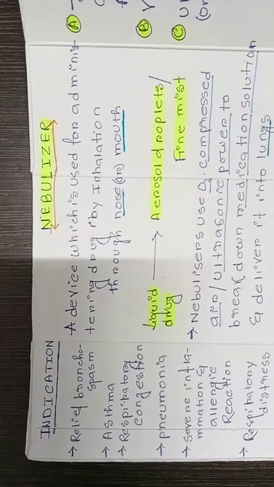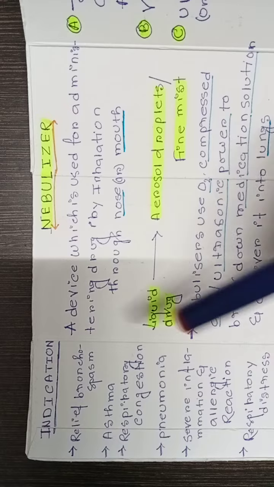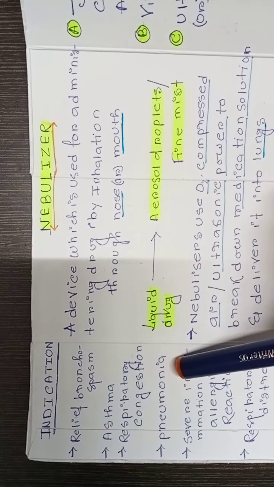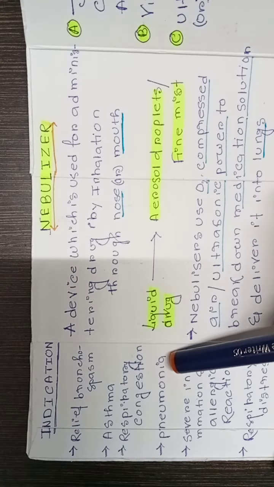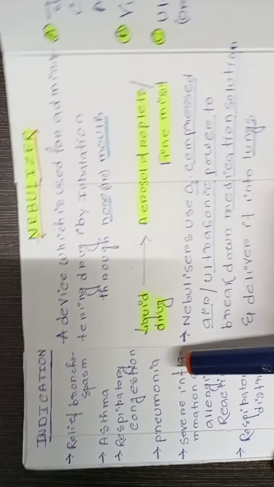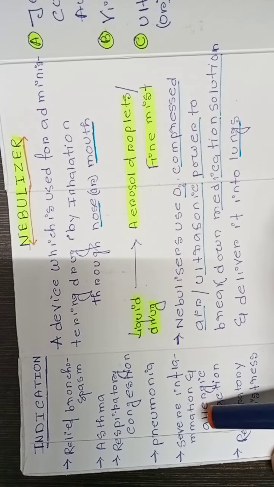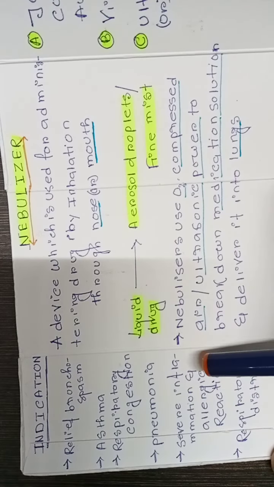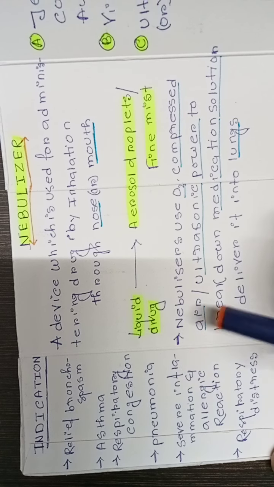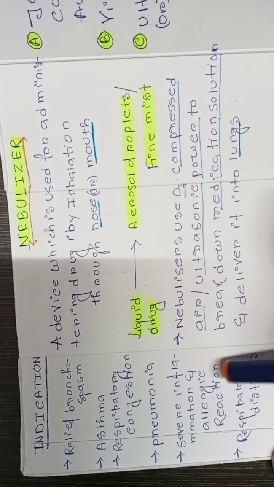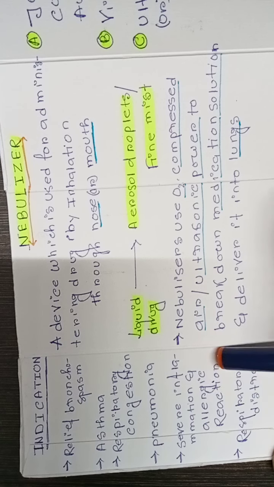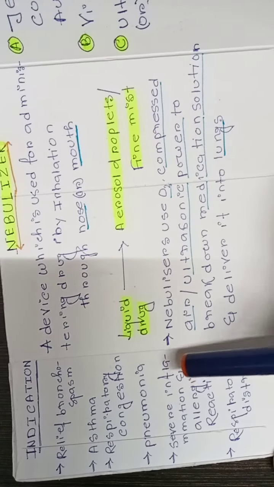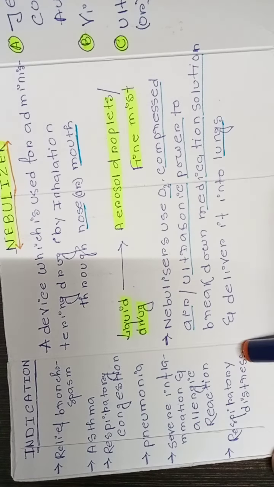And one more thing, that is pneumonia. If the patient has come with pneumonia, at that time we go for a nebulizer. And severe inflammation and allergic reaction, if there is more infection, inflammation and allergic reaction, at that time we should go with the nebulizer. And respiratory distress.